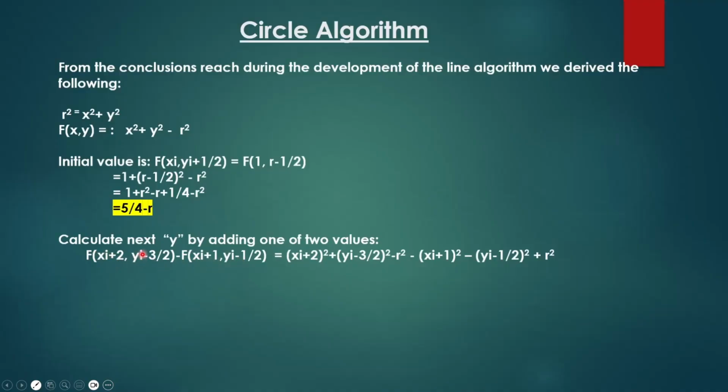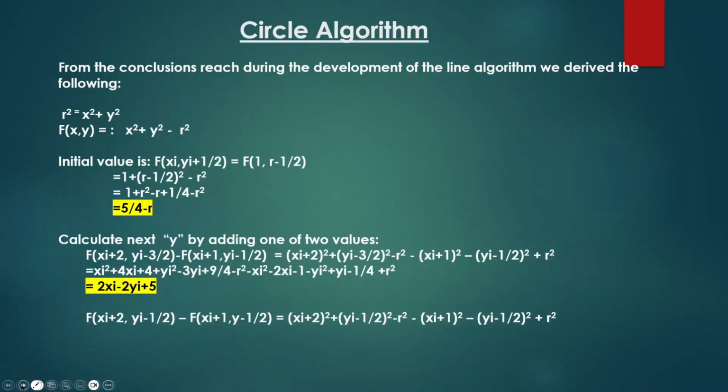So we start with y minus 3/2, and we assume that the y changed, so we subtract, which is y minus 1/2, and plug that into the equation. Then we develop the equation, and we end up with a value of 2x sub i minus 2y plus 5. So this is what we're going to use to increment y if y has been changed.